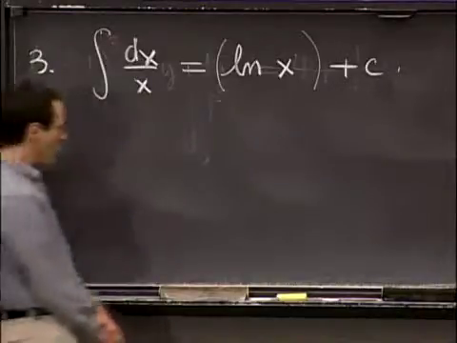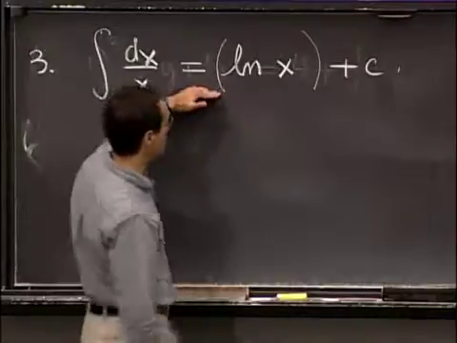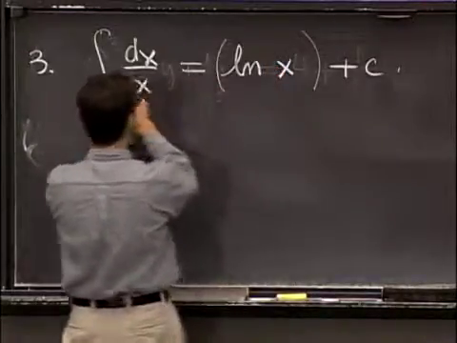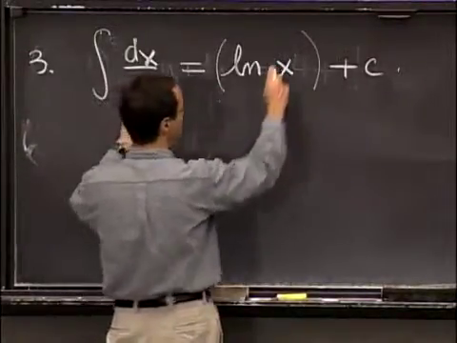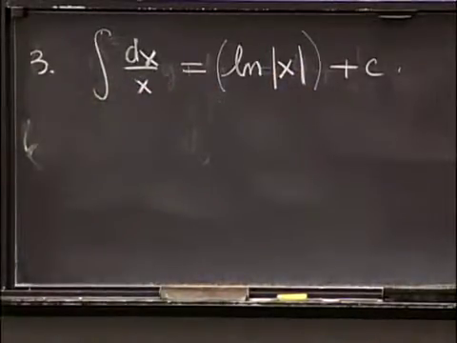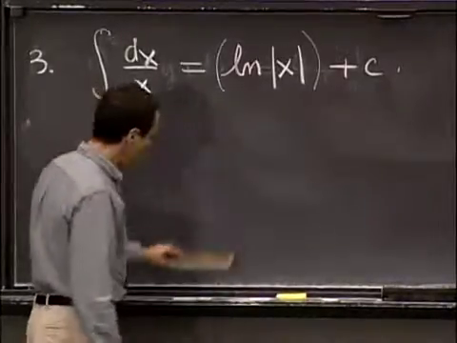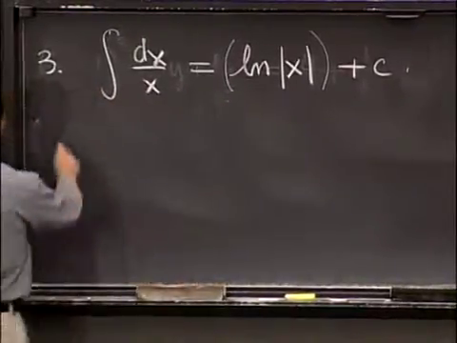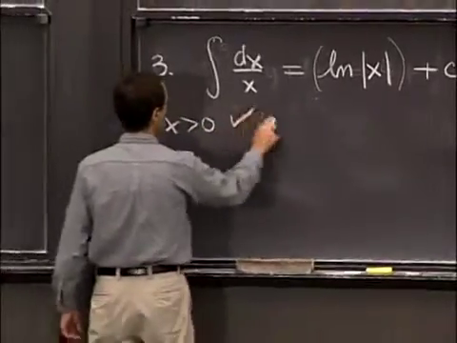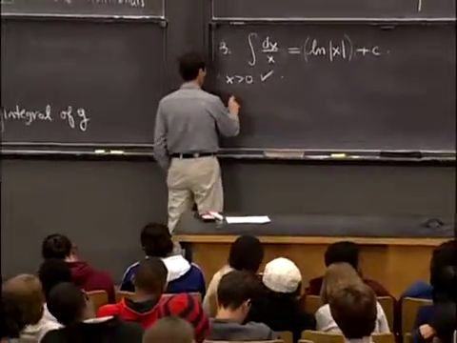But there's another formula hiding in the woodwork here behind this one, which is that you can also get the correct formula when x is negative. And that turns out to be this one here. So I'm treating the case x positive as being something that you know. But let's check the case x negative.